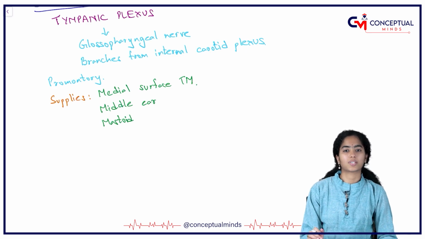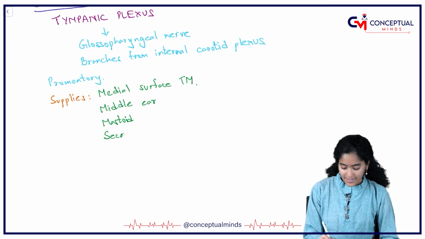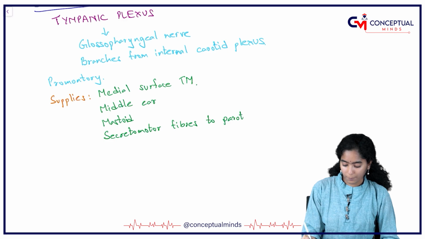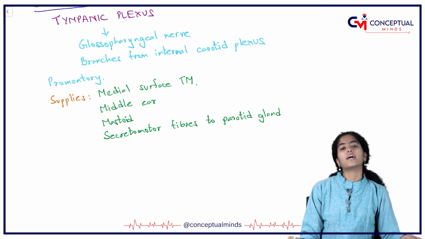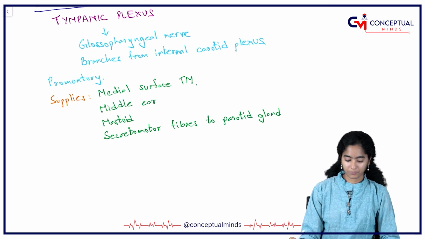So common nerve supply to all of them. Plus in addition, it also gives secretomotor fibers to the parotid gland. This is about the innervation of middle ear.